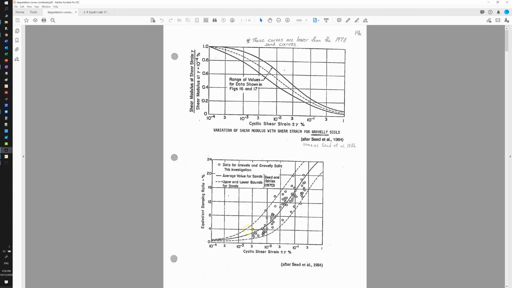How Seed established those curves in the early days was based on the laboratory data that he had. So he ran a lot of resonant column tests, or, we'll talk about the lab tests later on too, or other field tests that may be available, and then based on different case histories, he tried to establish the curves based on soil type. So there is quite a bit of uncertainty, as you can tell, and it is not site specific.